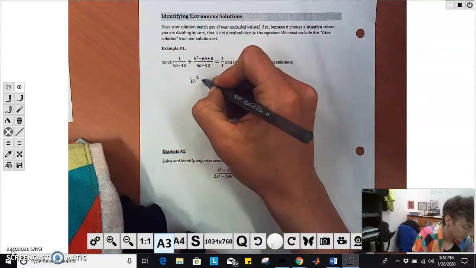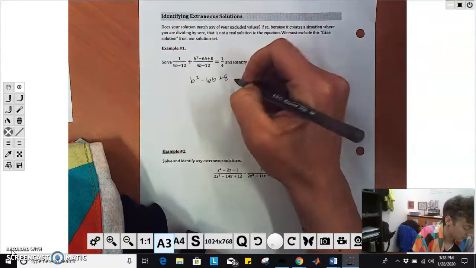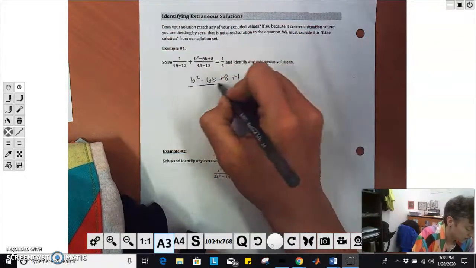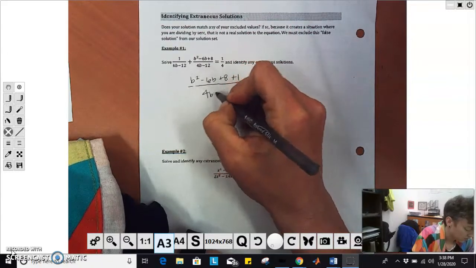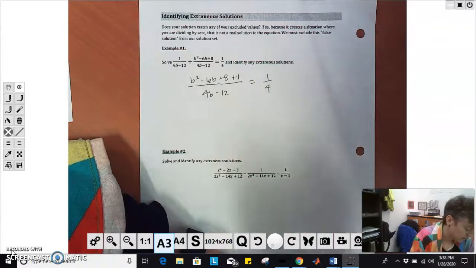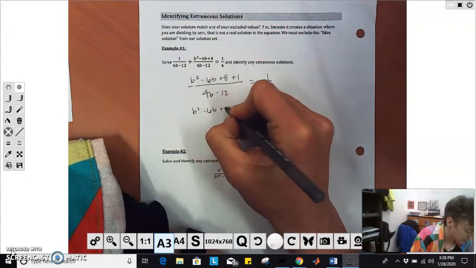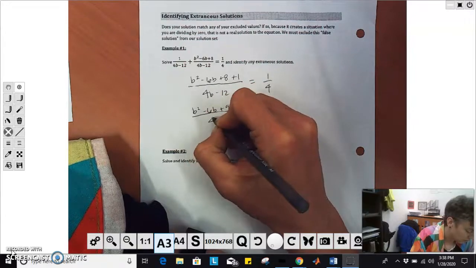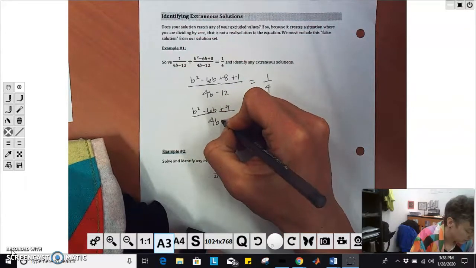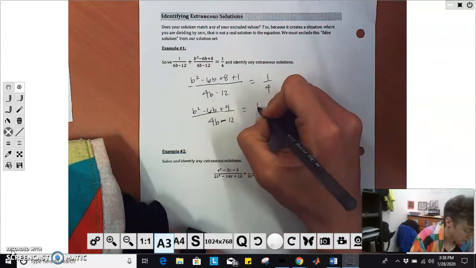B squared minus 6b plus 8. It's a plus here, so I'm going to put the plus 1 over there. Okay, equals 1/4. So that'll become b squared minus 6b plus 9 over 4b minus 12 equals 1/4.